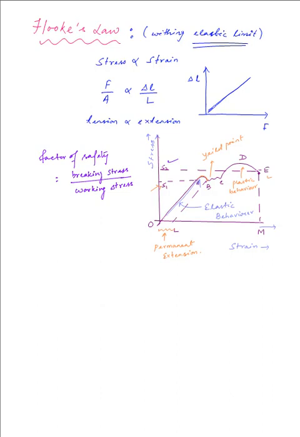Now we move over to the coefficients of elasticity. The coefficients of elasticity are the ratio of the stress and strain. There will be different coefficients because we have dealt with different kinds of stress and strain.